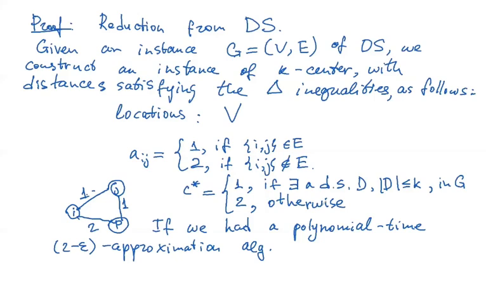So what does a 2 minus epsilon approximation algorithm mean? It is supposed to find a solution which is better than 2 minus epsilon. But because our objective can only be either 1 or 2, if it is better than 2 minus epsilon, then it has to be 1, right?